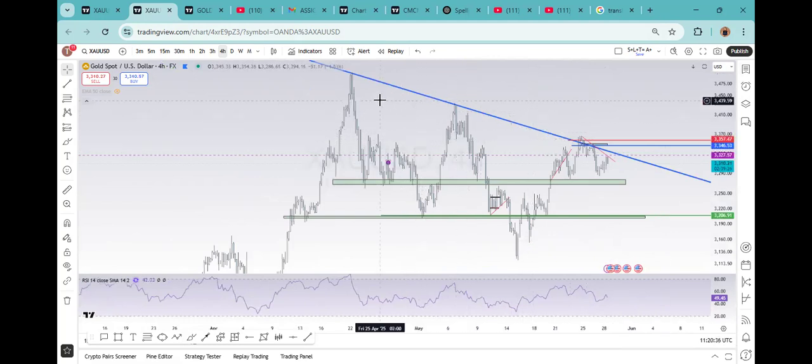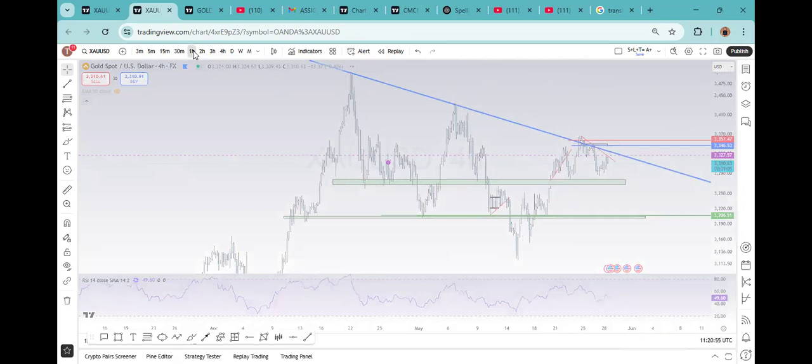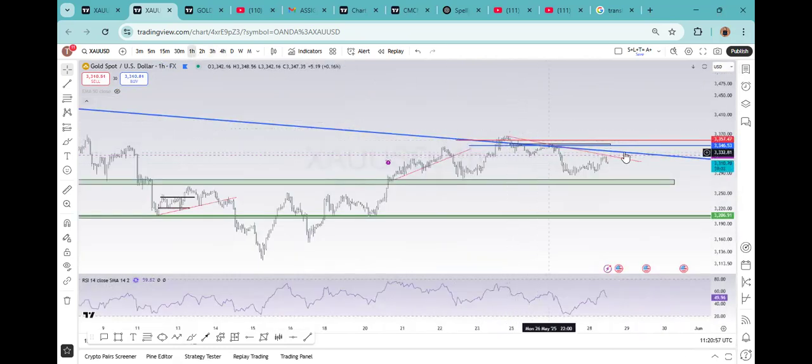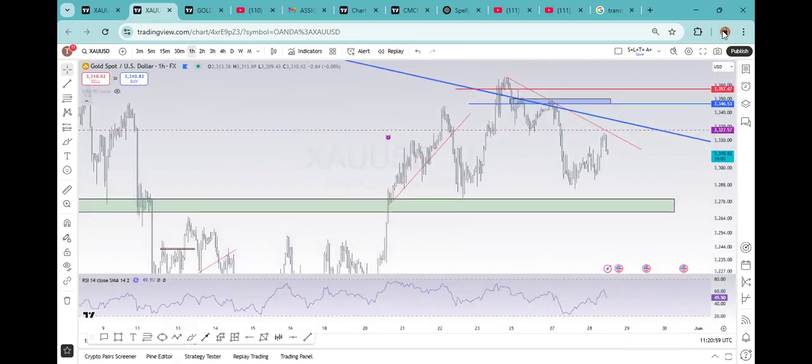I mentioned price coming to this trend line and then falling and selling. But we could have had price go all the way up. I remember I put a fib right there. Price can do anything it wants. But what it did was respect that trend line so perfectly, and went into that sell zone that we had.